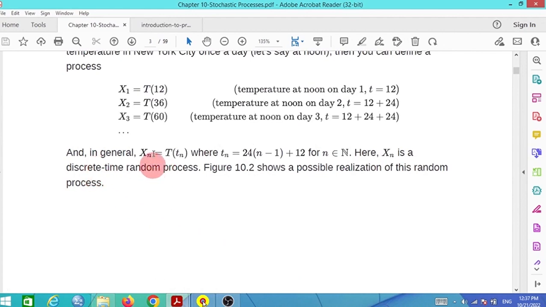And in general, xn equal to T of t index t, by this manner, tn equal to this value, okay, for each t. xt is a discrete time random process. Figure 10.2 shows a possible realization of this random process.